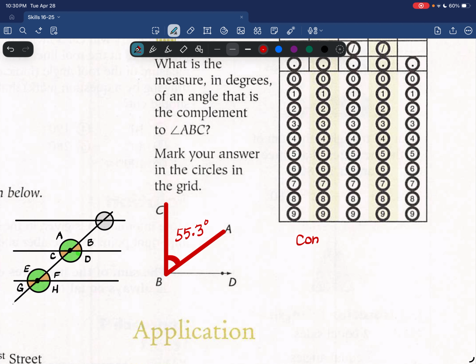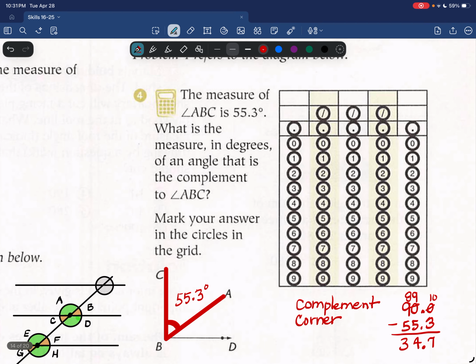Well, complement means that they form a corner. And a corner is 90 degrees. So I would say 90 minus 55.3, and you can use the calculator. I'm not going to. I can do it faster. I will check myself on the calculator, although at this time of night, it pays to check. 34.7.